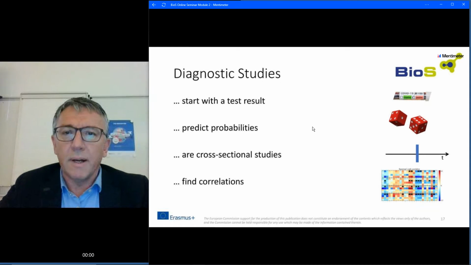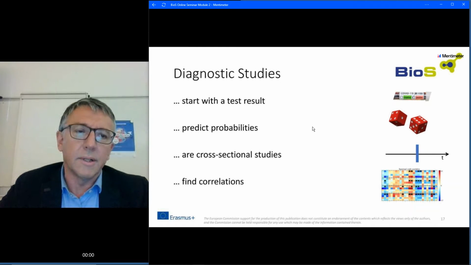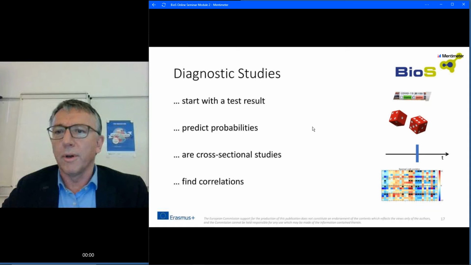Now, in the first part, we deal with diagnostic studies. So we talk about diagnostic studies and their results. A diagnostic study typically starts with a test result. We will later on have the example of a COVID-19 test, and the result of the test is either positive or negative.